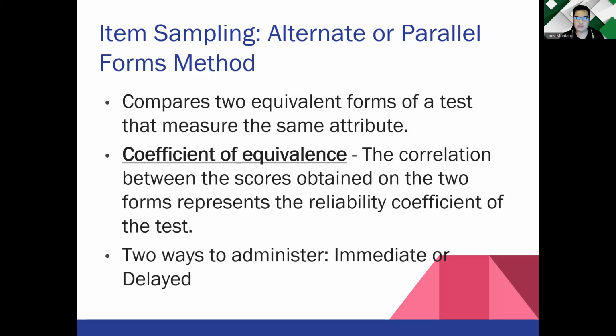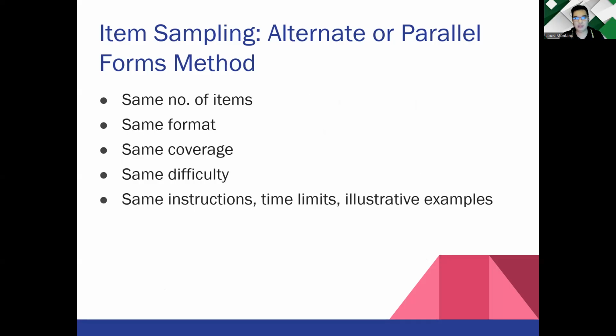Pero what makes it rigorous is the fact that when doing alternate forms, you need to ensure the following. Same number of items, hindi pwedeng mas mahaba yung isa. Same format, if one is multiple choices, the other one should be multiple choices as well. Same coverage, hindi naman fair. Kunyari, set A, chapters 1 to 5, tapos set B, chapter 6 to 10. So that will be unfair. Same difficulty.